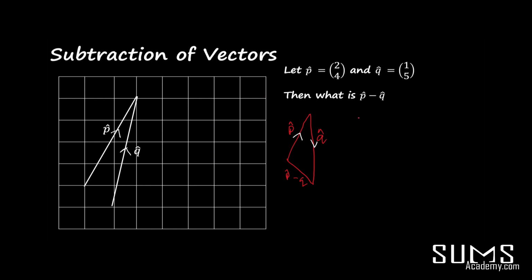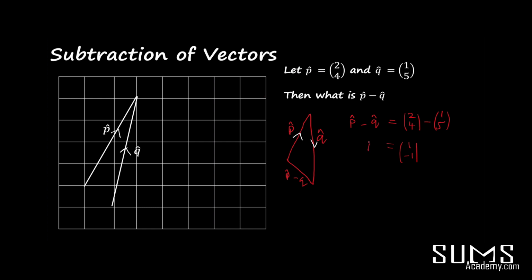But what does the maths look like? Again, the maths is relatively straightforward. P being (2, 4), and Q being (1, 5): 2 minus 1 is 1, 4 minus 5 is -1.